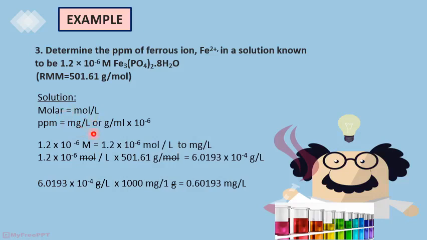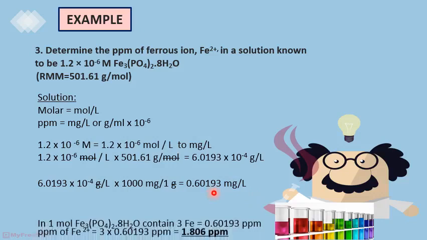If you want to use milligram per liter, the volume is already in liter, so you just convert the gram into milligram. Multiply with the conversion factor 1000 milligram per 1 gram. You cancel out the gram and you will get the unit in milligram per liter. Milligram per liter is already the ppm.